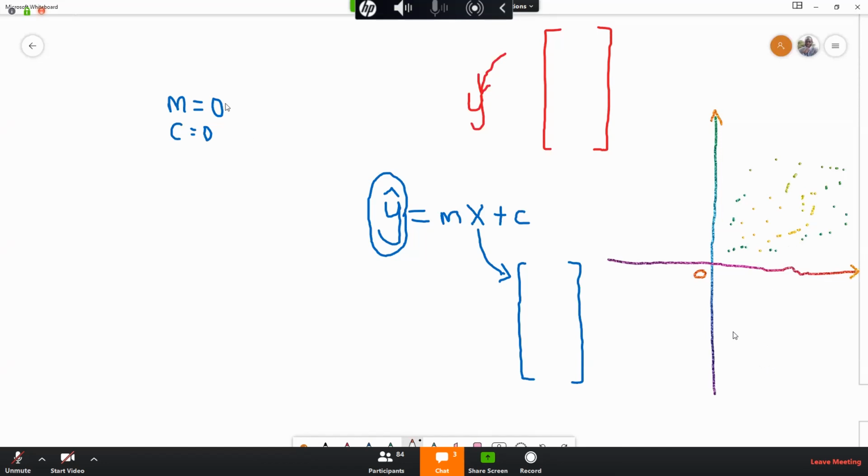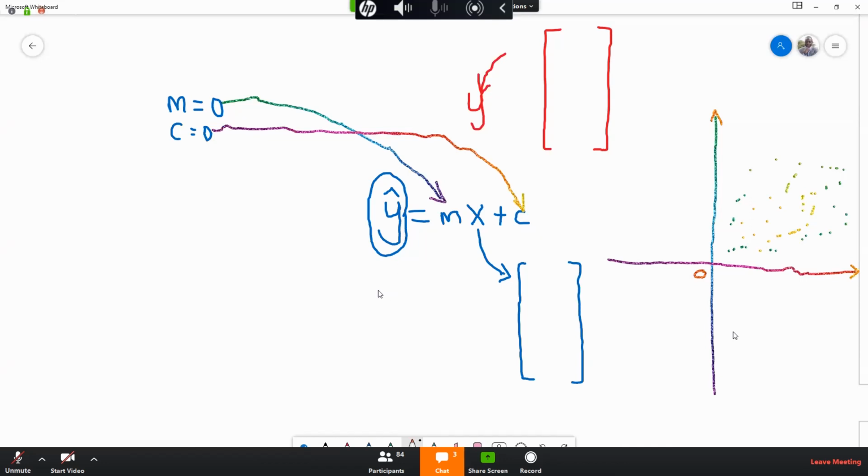When you start, M is 0, and C is also 0. So how will the line look when we start? 0 multiplied by anything is nothing, plus 0.